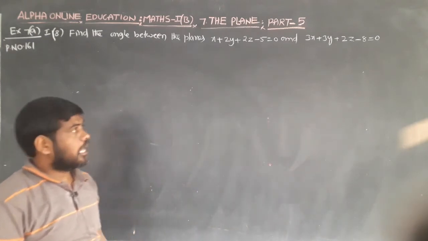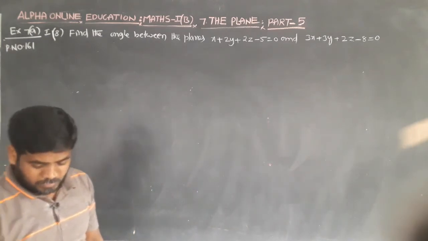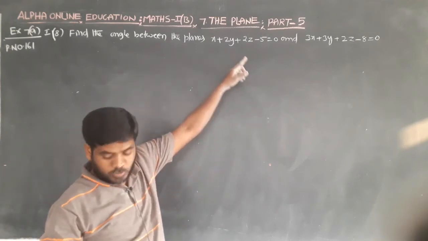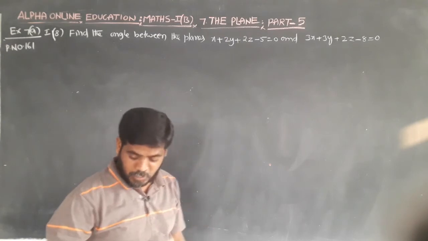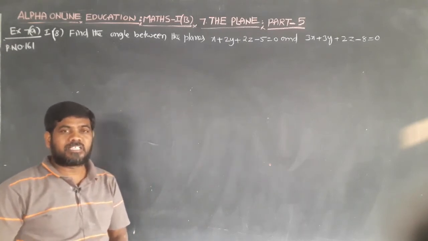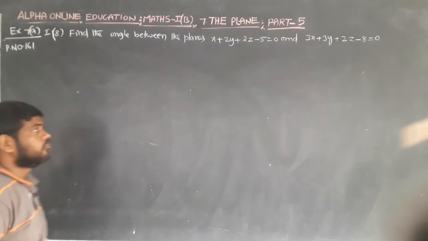Find the angle between the planes x plus 2y plus 2z minus 5 equal to 0 and 3x plus 3y plus 2z minus 8 is equal to 0.